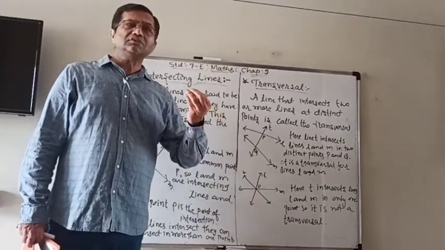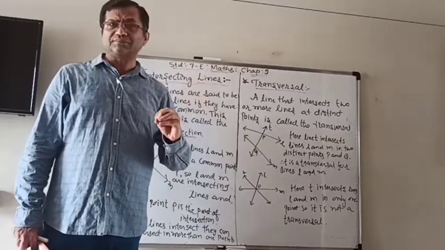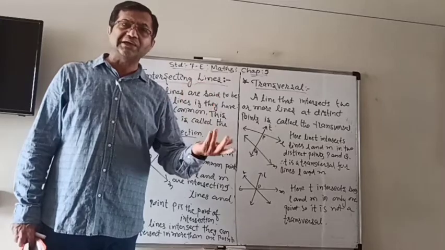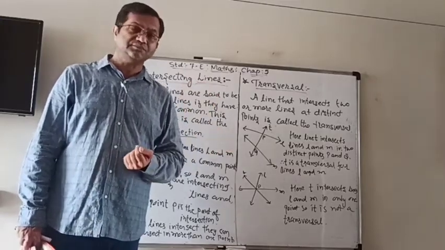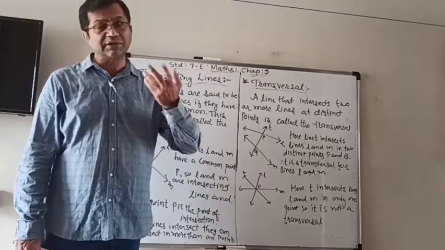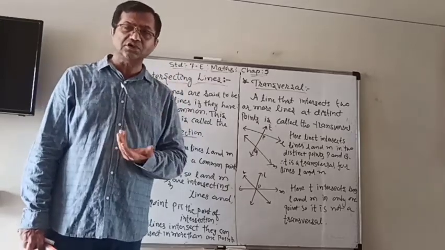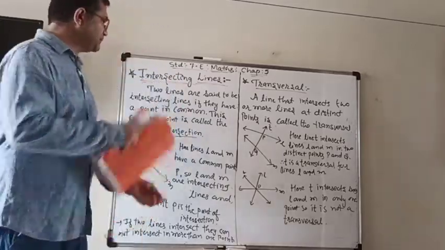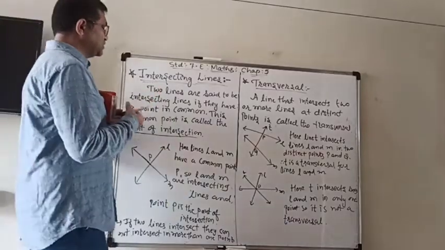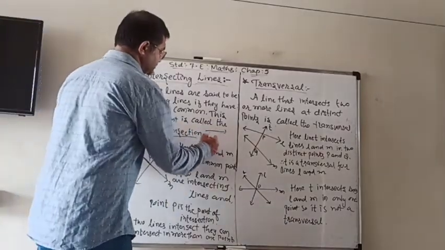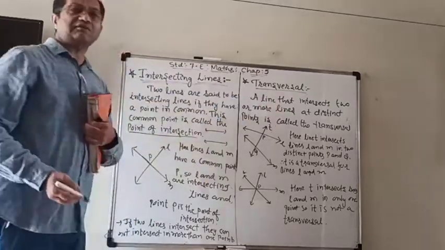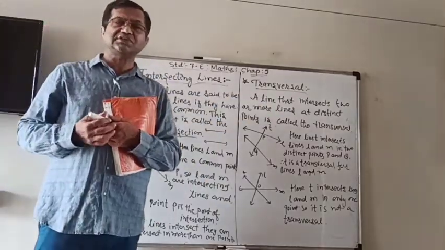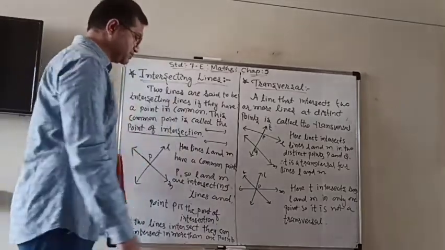So now it is not necessary that every line must intersect each other. There can be non-intersecting lines also. For example, if you see those two lines, if you extend them, they will not cross each other, they will not have any common point.